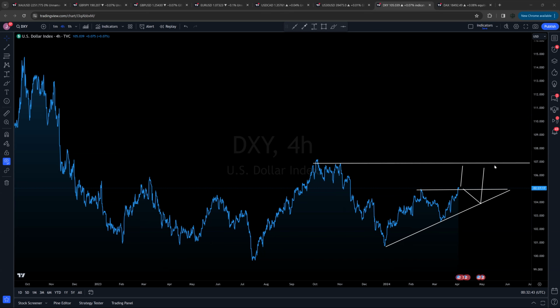So I'm still going to be looking for Euro USD shorts, GBP USD shorts, and USD CAD buys, and even a potential short-term pullback on US 30 before seeing some lower dip buys. Does that make sense to everybody? Everybody following along?